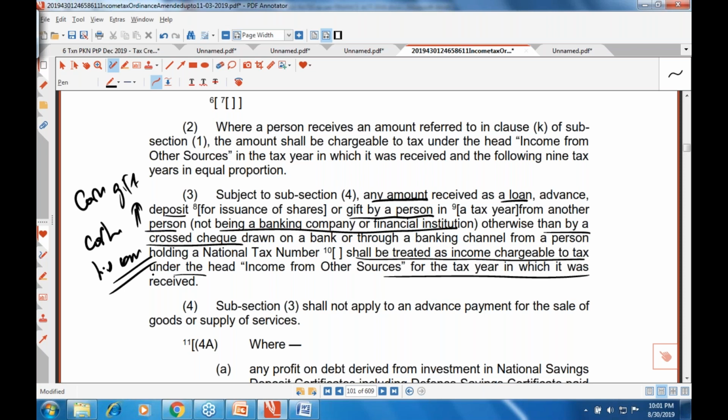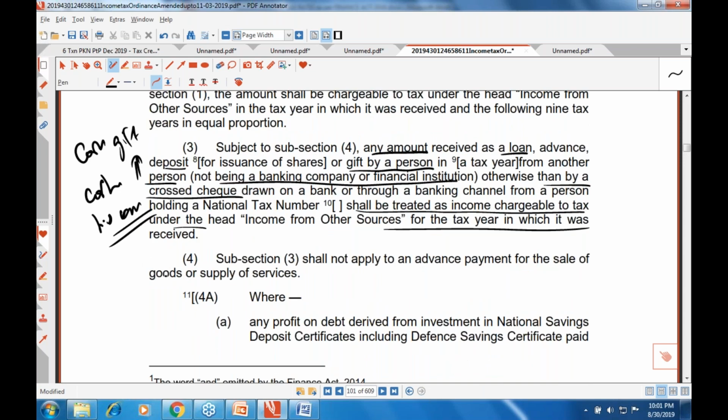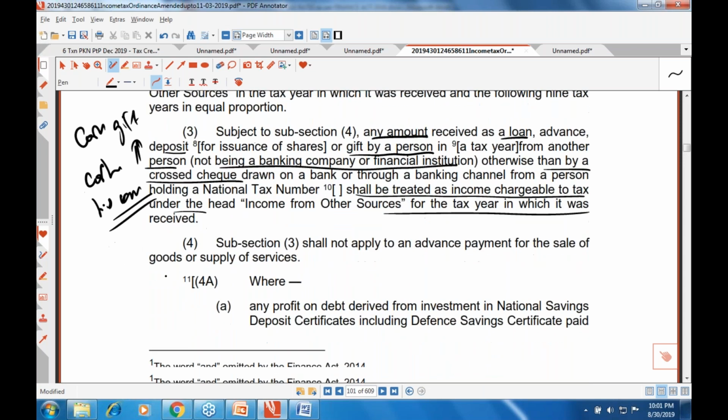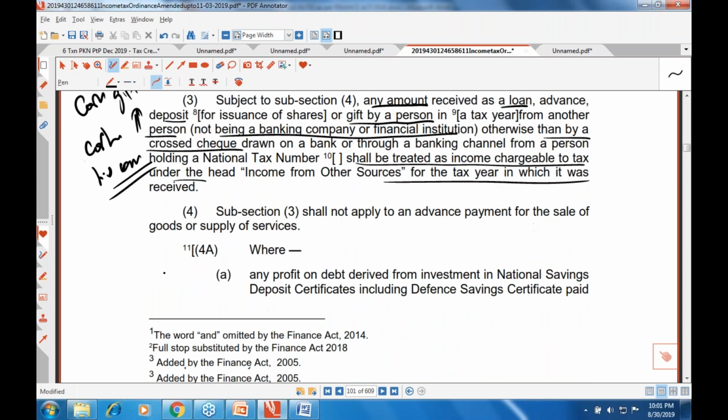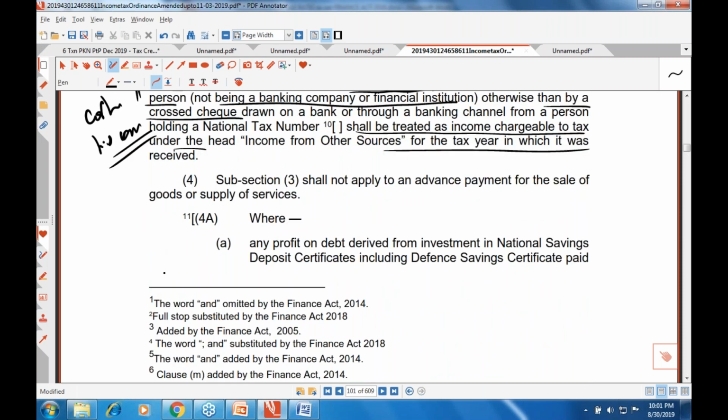So if you get a cash gift or a cash loan, that is all going to be considered as income from other source.